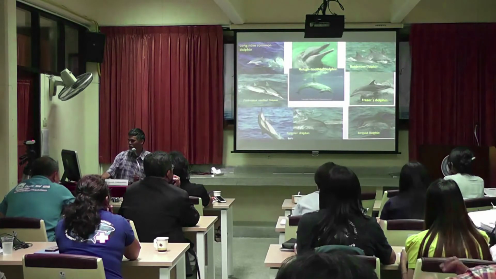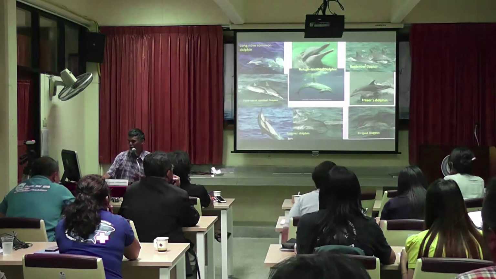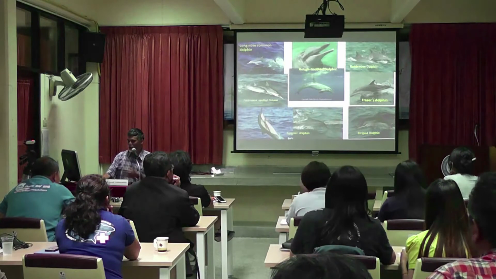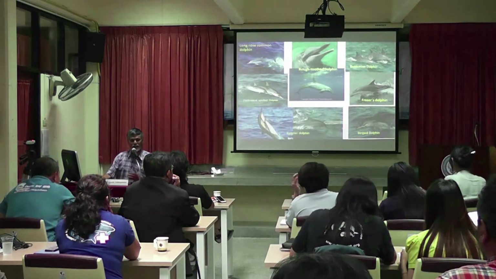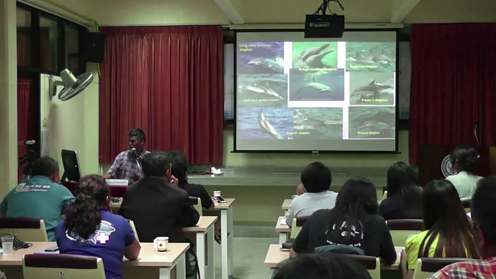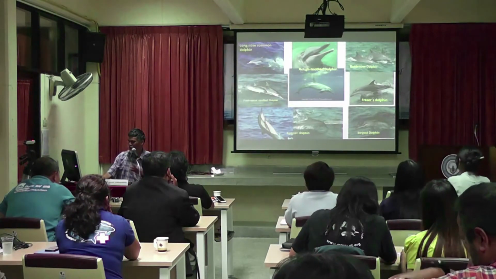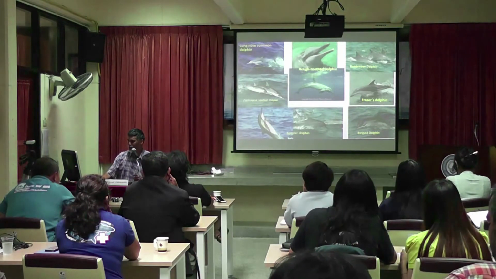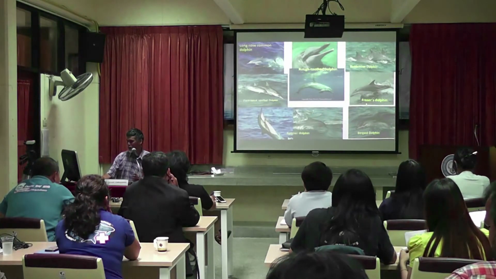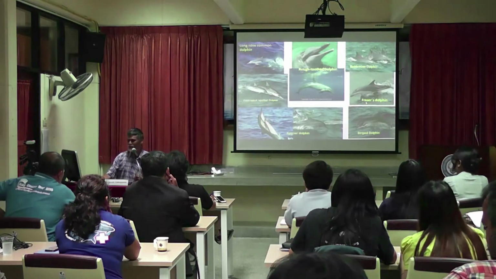Bottlenose dolphins are now separated already from Tursiops and Aduncus. And in Japanese waters, maybe different subspecies. They have a longer snout and a shorter snout population. In our region, they have the longer snout. But in Southern Africa, have both populations.